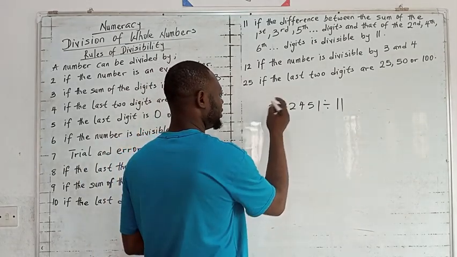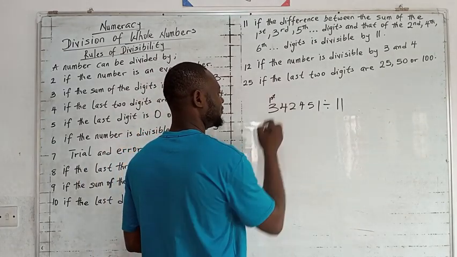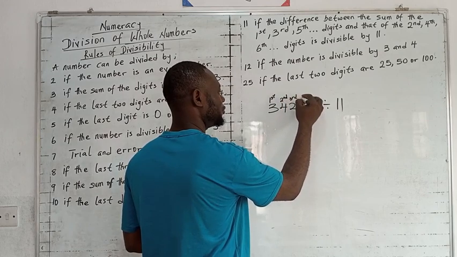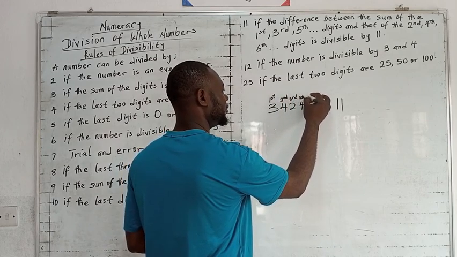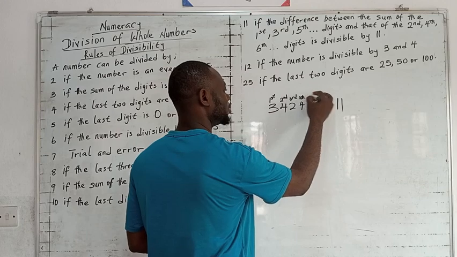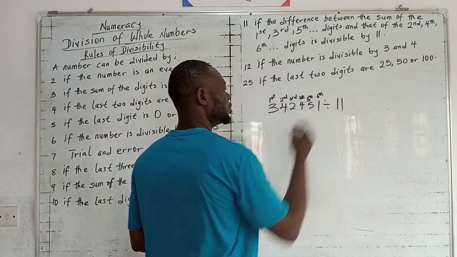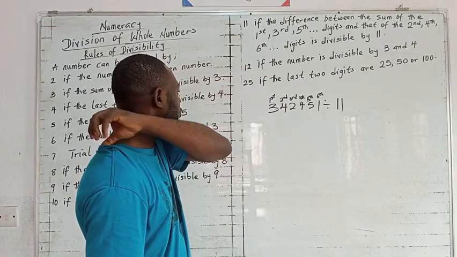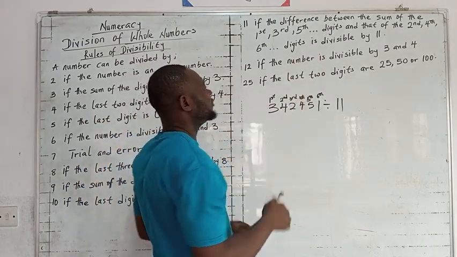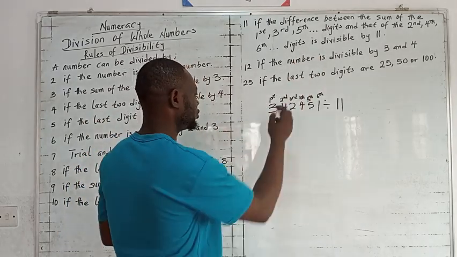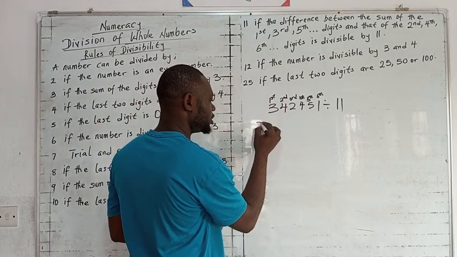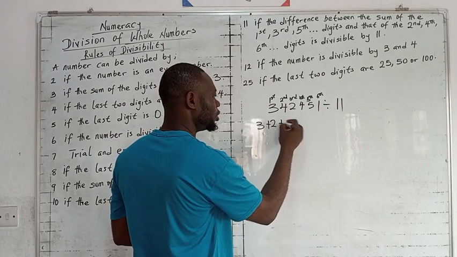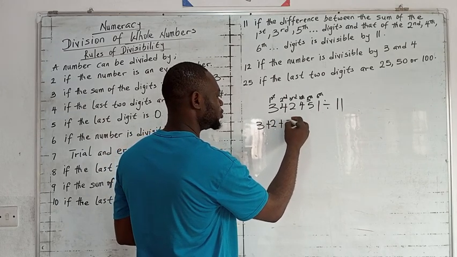So starting from here, this 3 is in the first position, second, third, fourth, fifth, and sixth. These are the positions of the number. Are you seeing it? Now, the rule says that the sum of the first, third, and fifth. So we go, first digit here is what? 3 plus. Third digit here is what? 2 plus. Fifth digit here is what? 5.